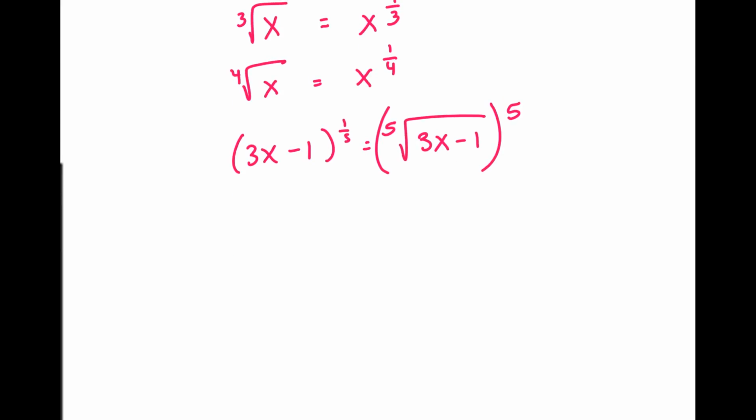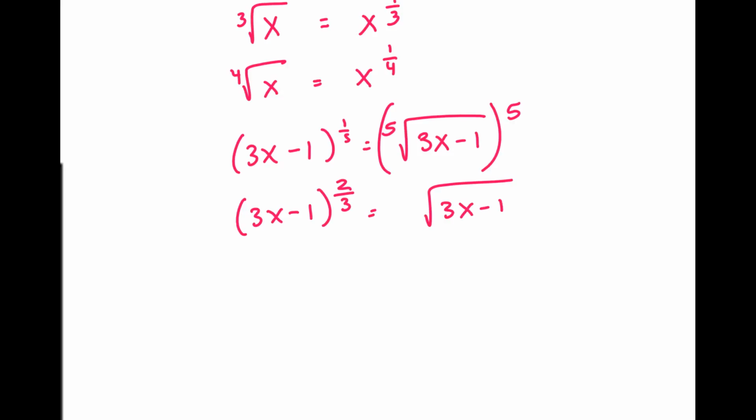What would I do if it had been this? Would you just divide it by 2? Would you just do the opposite? So this is the same thing as writing what?